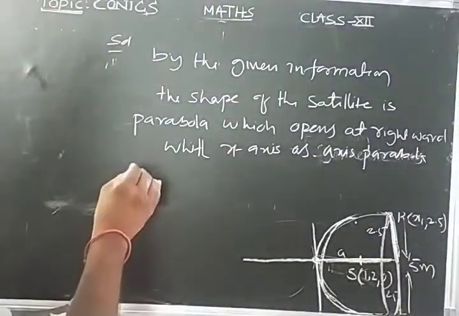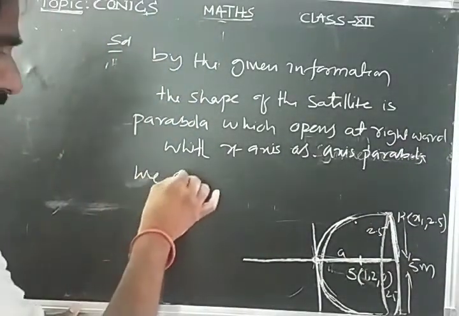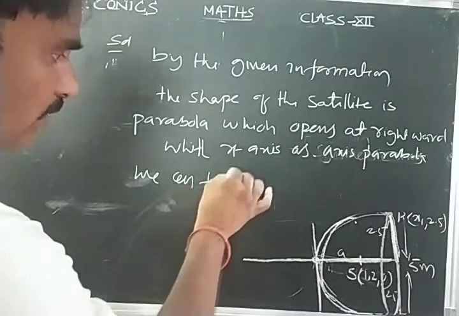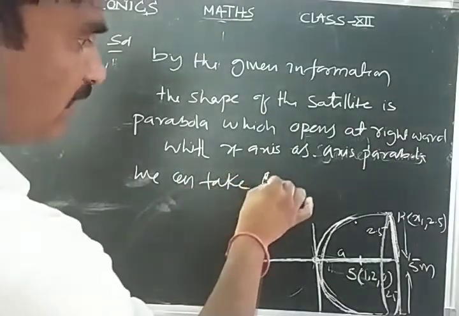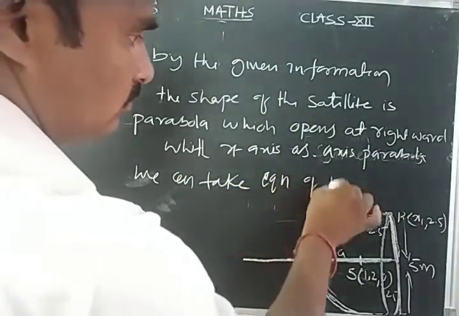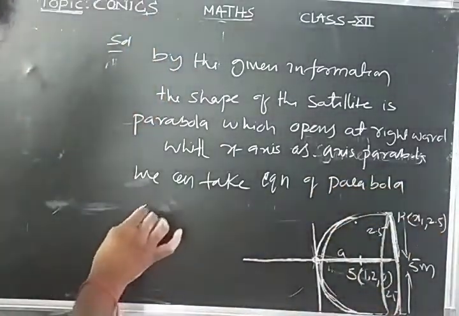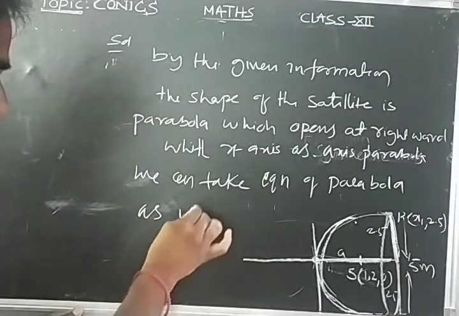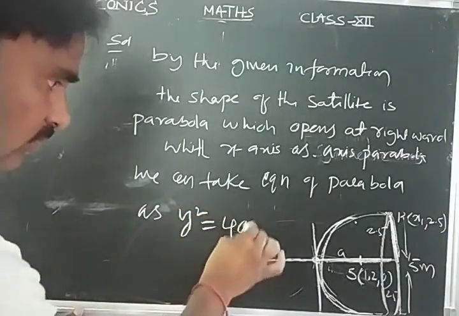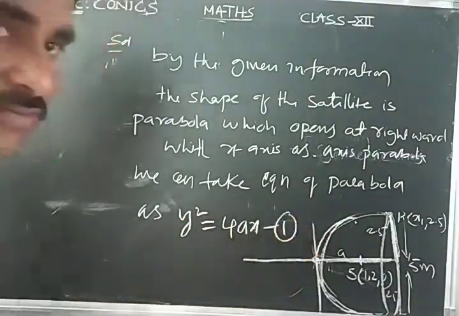Now we can take the equation of the parabola as y square equal to 4ax, okay.